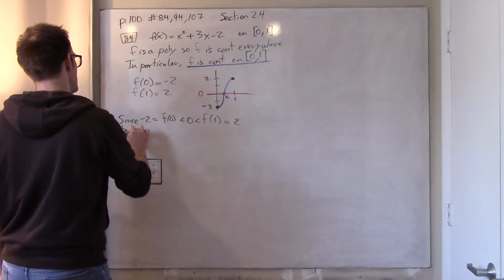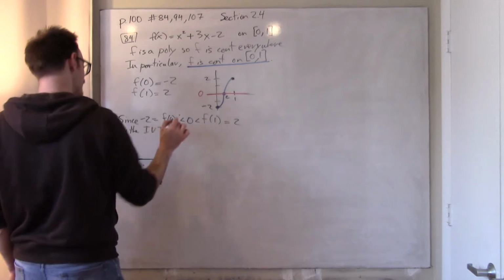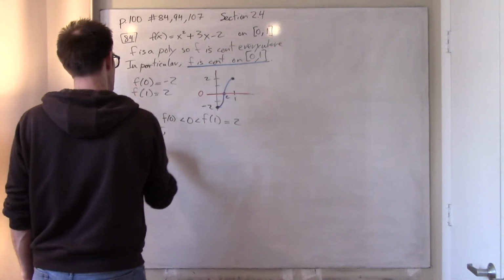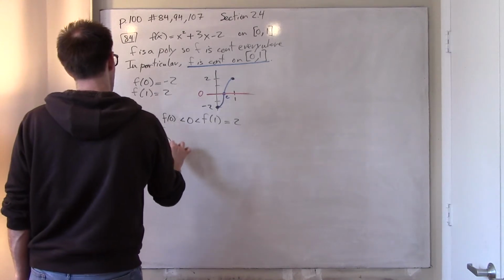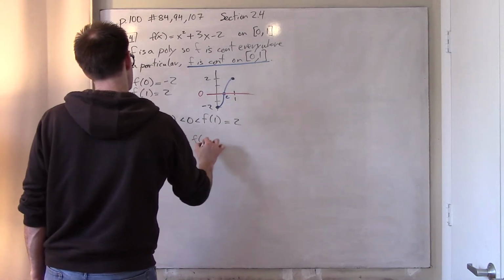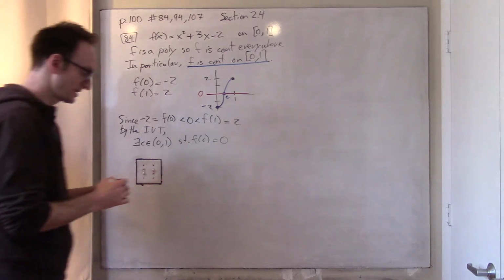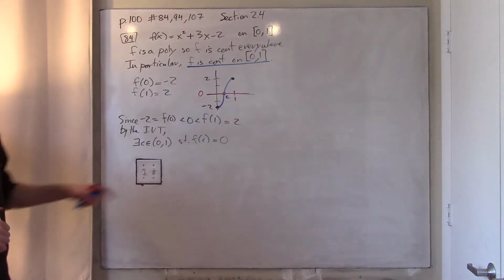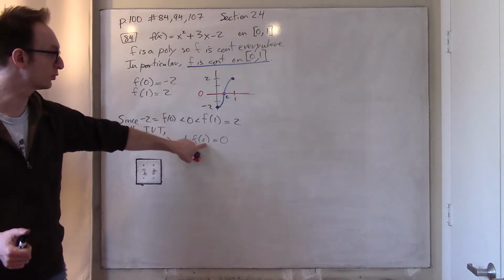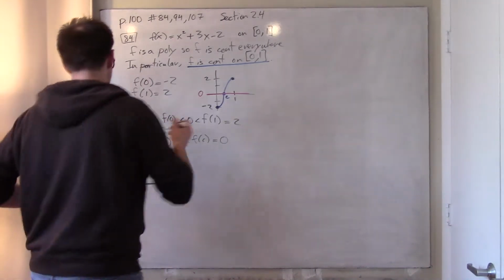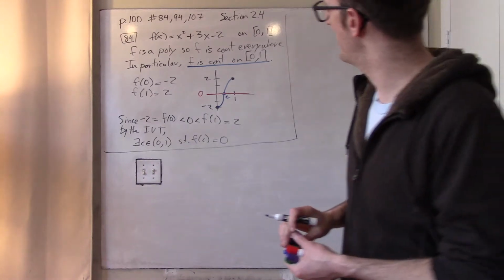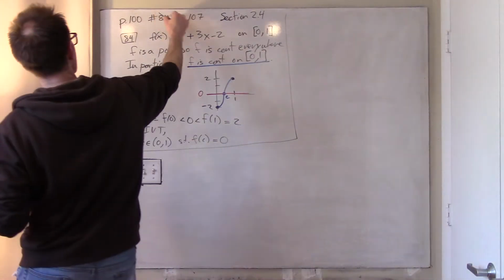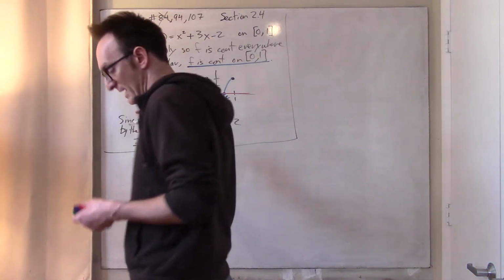By the intermediate value theorem, what we know is that there exists some c in the interval [0, 1] such that f of c is 0. And that's what this problem is asking for: explain why this function has a 0, a root, on this interval. Okay, that was basically just pre-calc, but now we're using fancy words like intermediate value theorem.